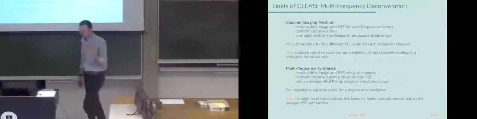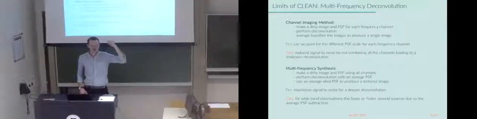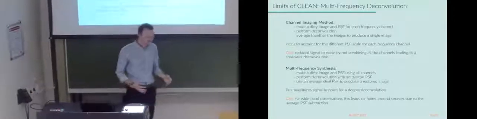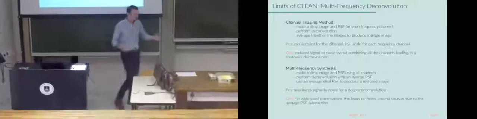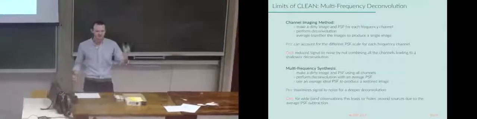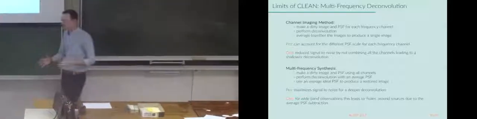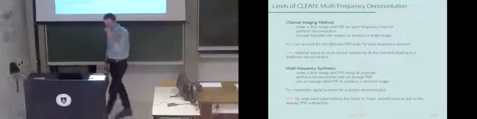If you're only imaging a single channel, you have a much higher noise floor than if you combine them all together. If you have 1024 frequency channels, your noise will be root 1024 times higher on each channel. So you would really like to combine channels to get to a lower noise floor.